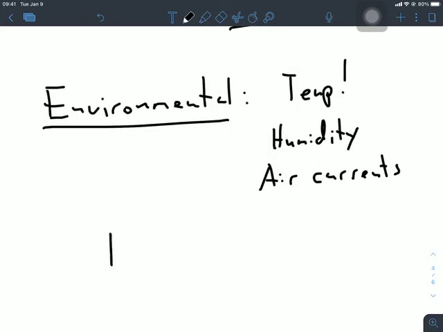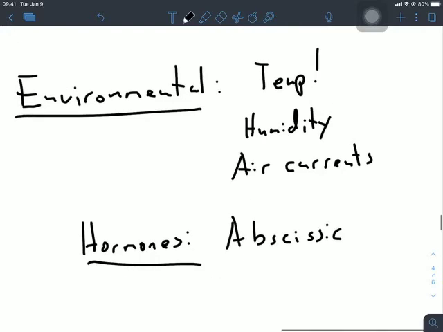But there are also hormones that can regulate the closing of stomata, like abscisic acid, which is a signal for leaf stress.